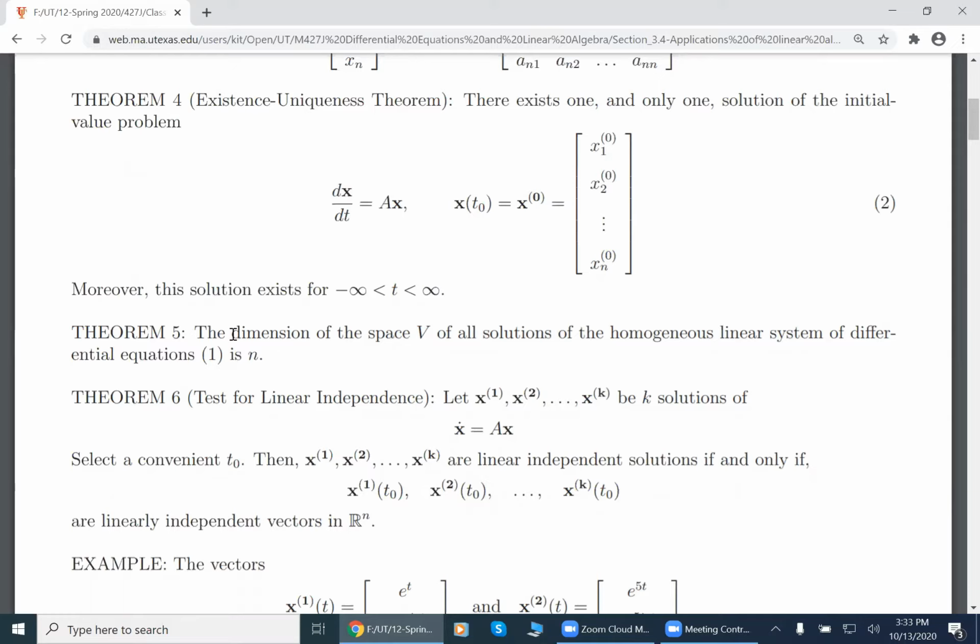Remember, what is the dimension? The dimension is the smallest number of linearly independent vectors that span the whole vector space. In our case, this means the following. Any solution of this system can be written as a linear combination of n linearly independent particular solutions.